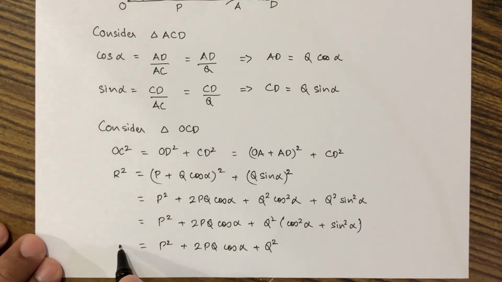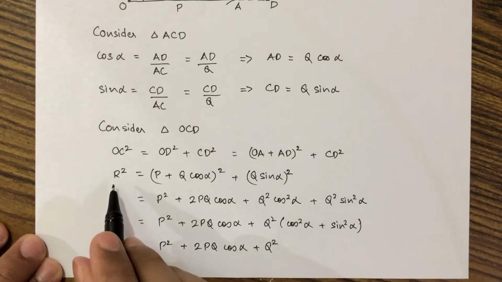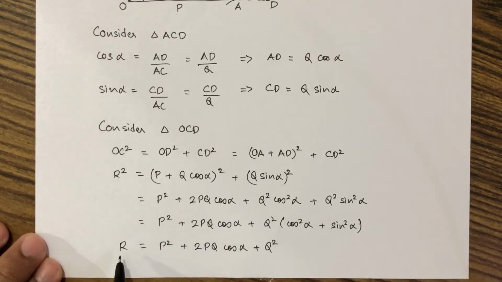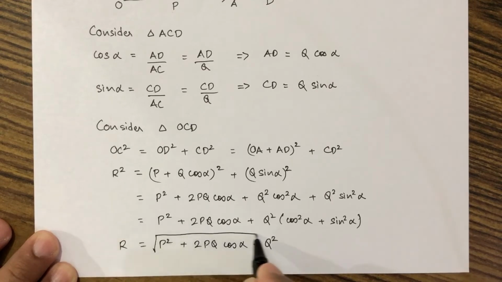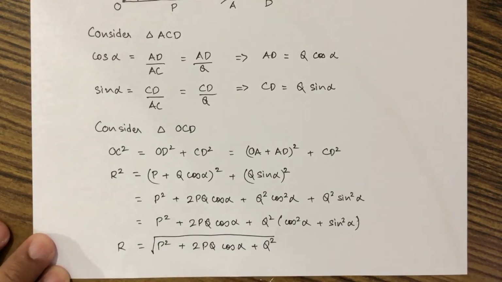But all this is equal to r square. So if we take the square root of the whole equation, r will be equal to square root of p square plus 2pq cos alpha plus q square.